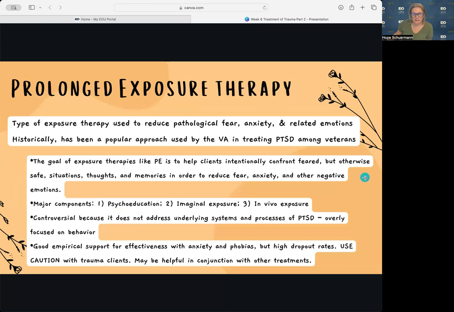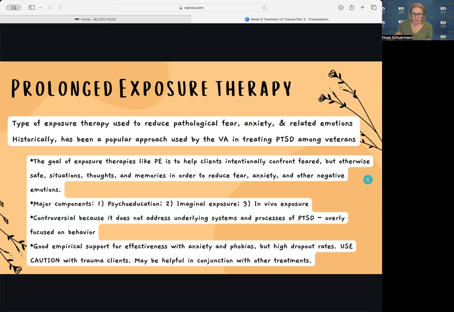All right. Next, we have prolonged exposure therapy. I mentioned this briefly when I was talking about narrative exposure therapy in a previous week. And this is a long-term approach used by the VA to treat PTSD. Prolonged exposure therapy is effective.